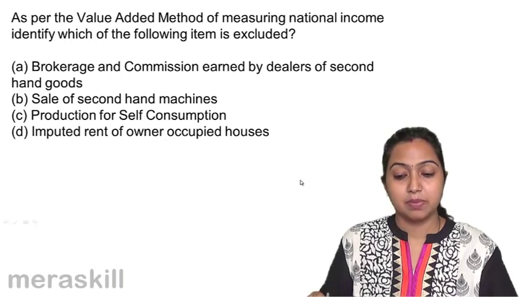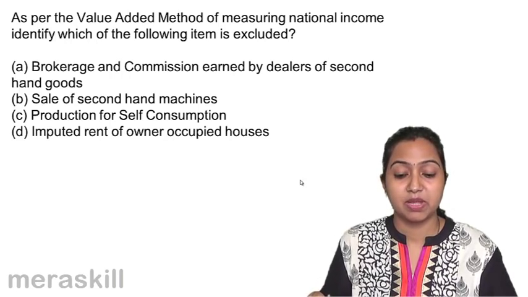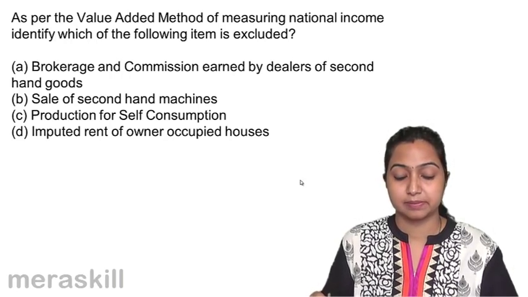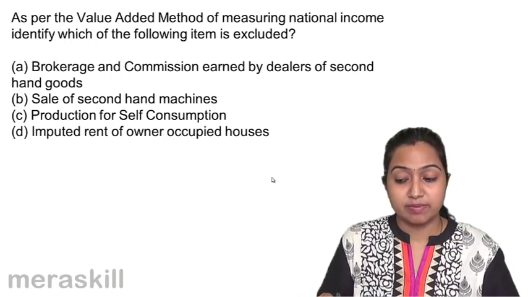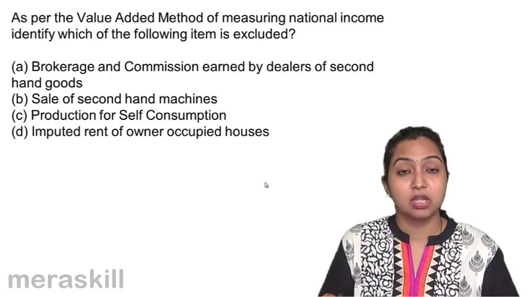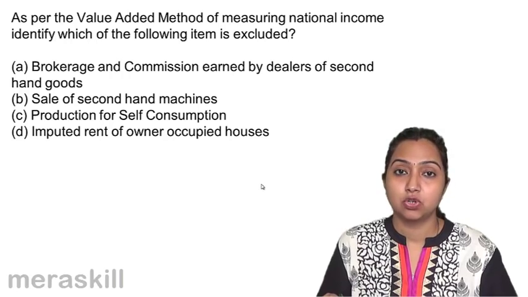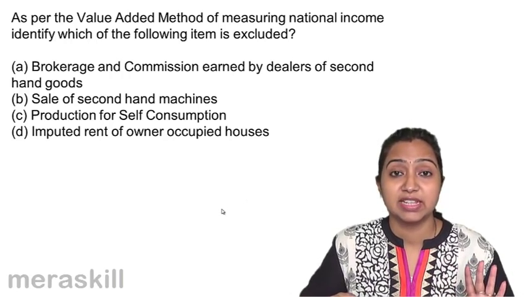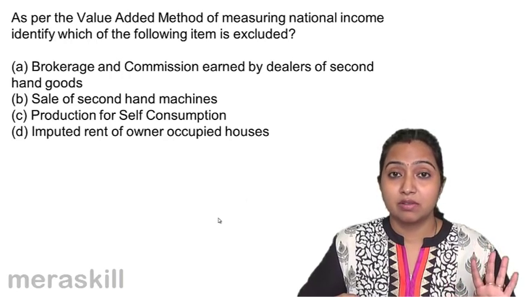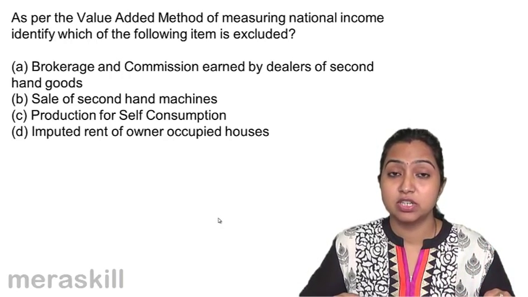Now let us take up a question so that the topic becomes more clear to us. As per the value-added method of measuring national income, identify which of the following items is excluded. Now you remember, while we were talking about value-added method, there were 5 things on which we had stressed. First, we do not take into consideration sale of second-hand goods.